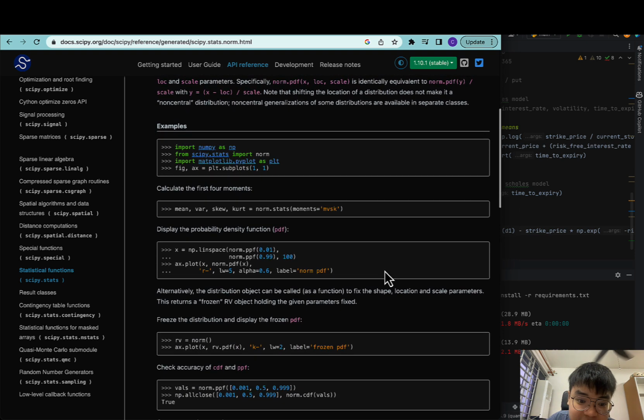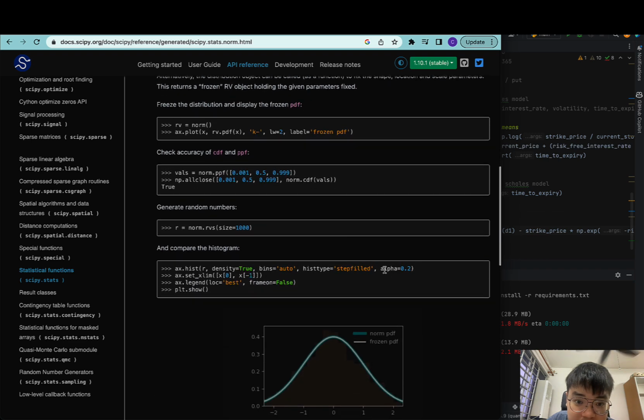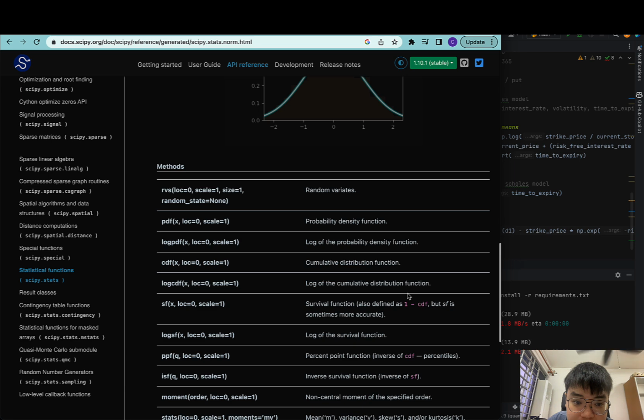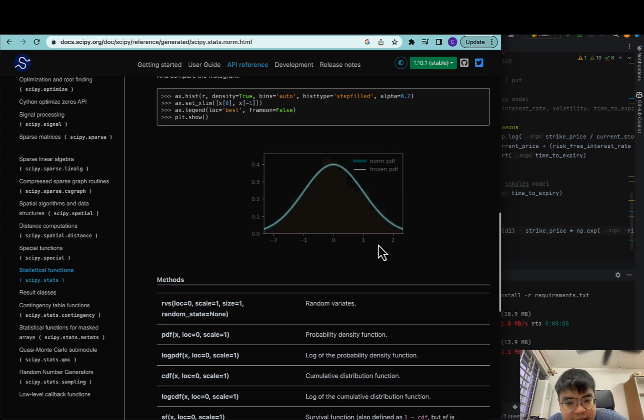So the first parameter to this is, okay, loc is the mean and scale is the standard deviation.